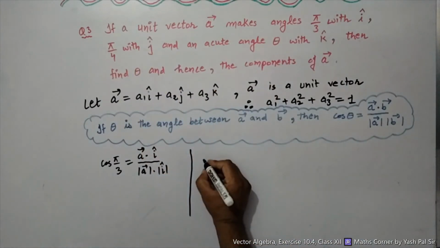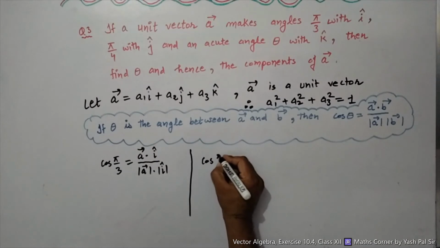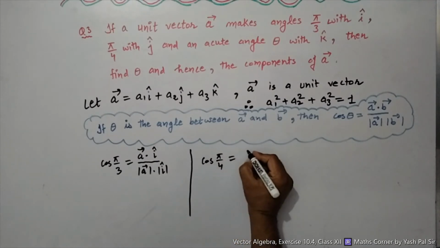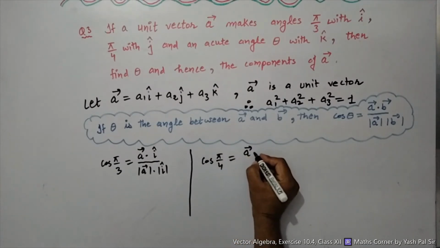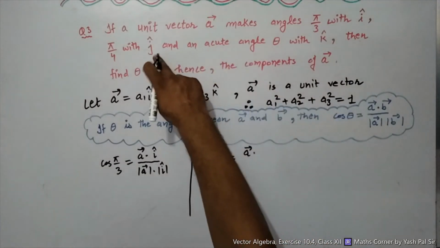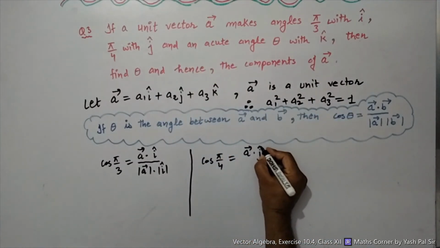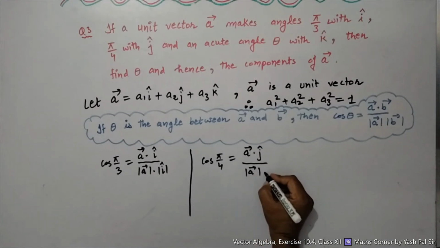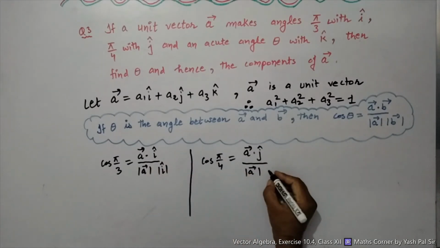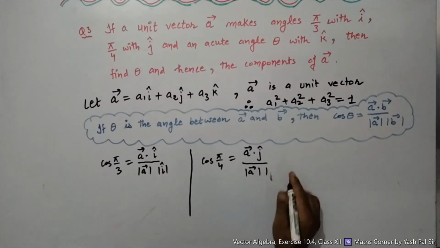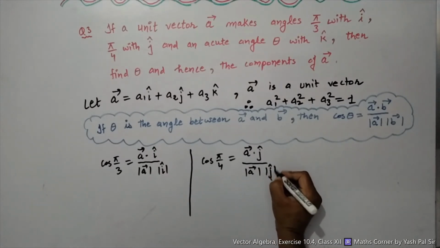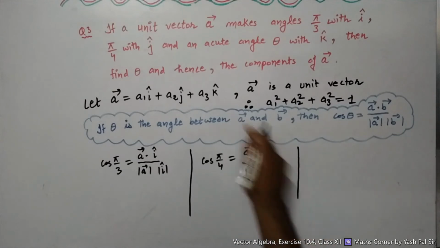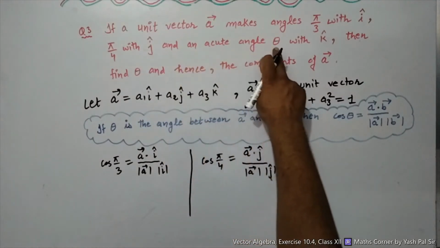Second, pi by 4 with j: cos pi by 4 is equal to the given vector dot j, divided by magnitude of vector A into magnitude of unit vector j.